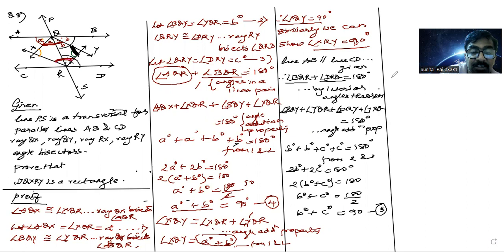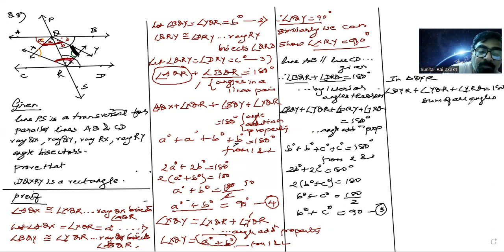So in triangle QYR, I need to show angle QYR is 90. But angle QYR plus angle YQR plus angle YRQ is equal to 180 degrees. The reason: the sum of all angles of a triangle is 180 degrees.